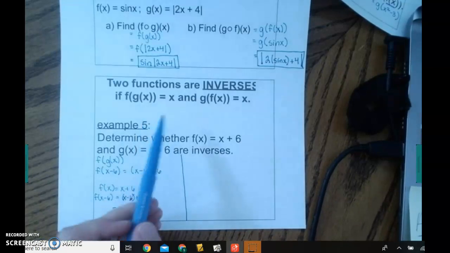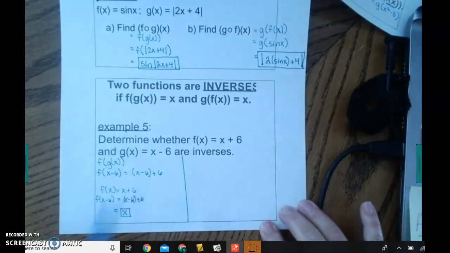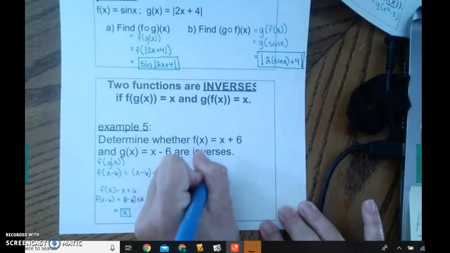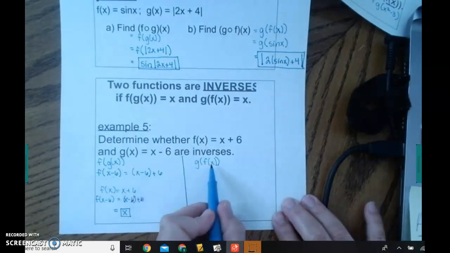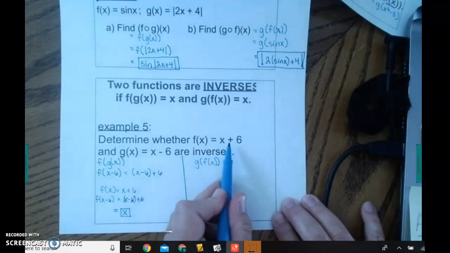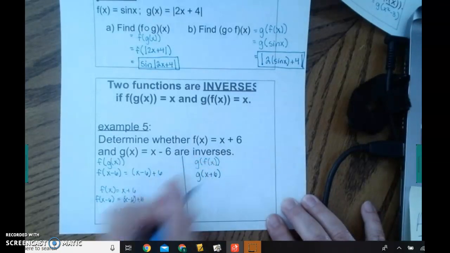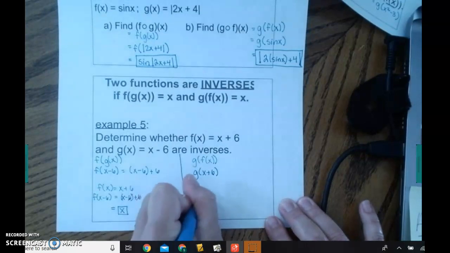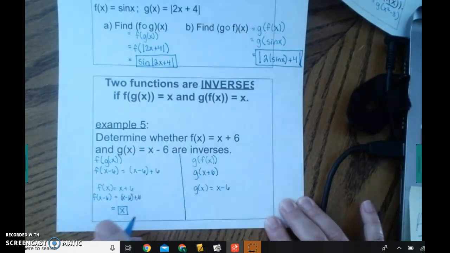So that's the first test of determining if they're inverses of each other. Now we've got to do g of f of x. So I'm going to ask myself, what is f of x equal to? It is equal to x plus 6. So we're really looking for g of x plus 6. g of x equals x minus 6.